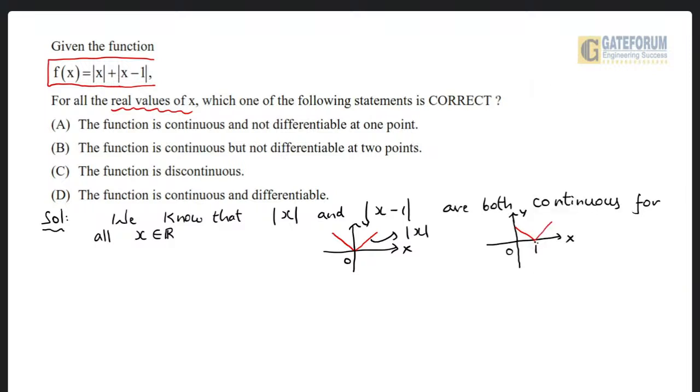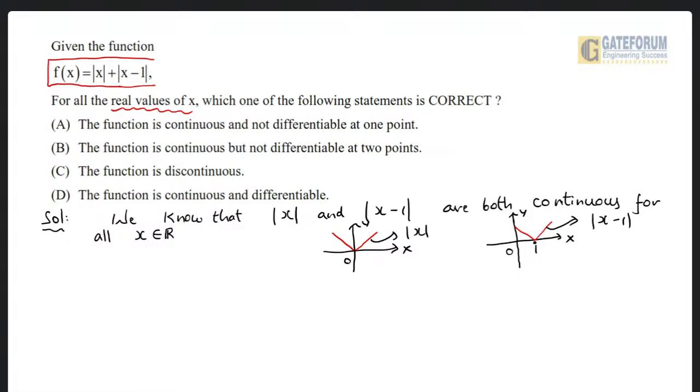Now this graph is mod x minus 1. There is no breaking. Continuous or not?